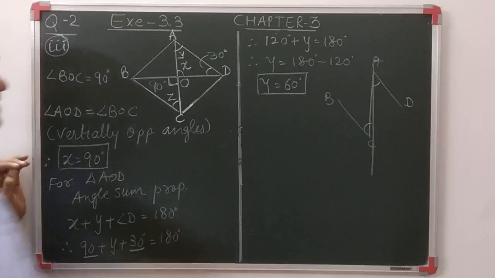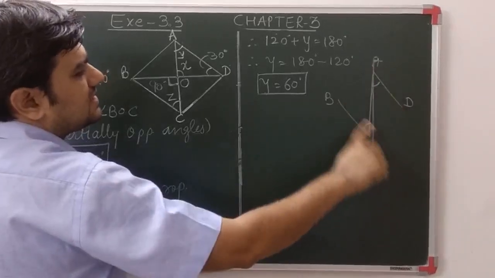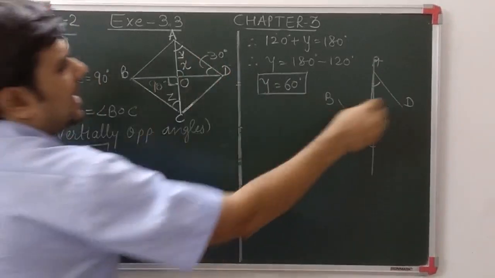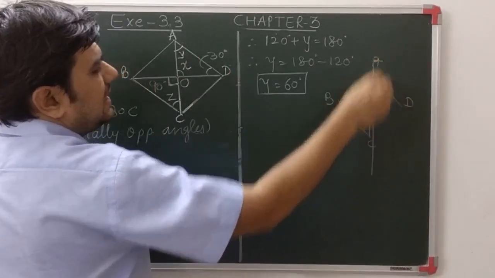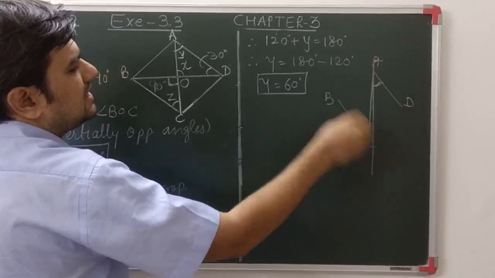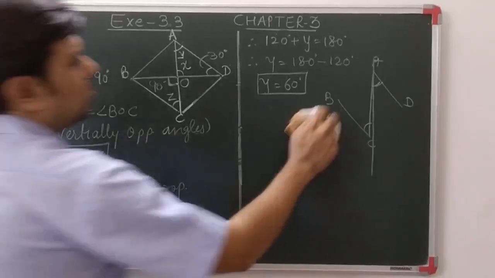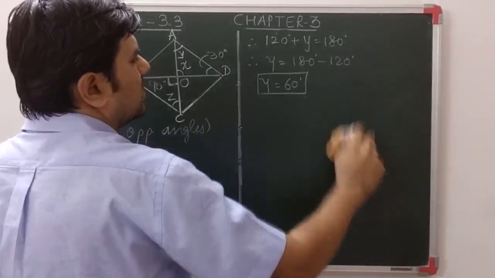वापस एक बार recall करेंगे. This AD and BC are parallel because of the pair of opposite sides of a parallelogram. And this angle DAC and ACB, the reason is they are forming a pair of alternate angles. So let's note it down, which is very important to understand.